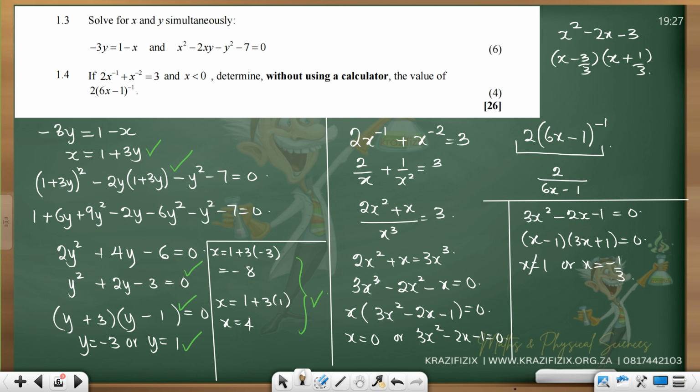So therefore 2 over 6x minus 1 will be equal to 2 over 6 times my x, that. Oh, not bad. Negative what? 2. So which is negative 2 over 3. Not bad.